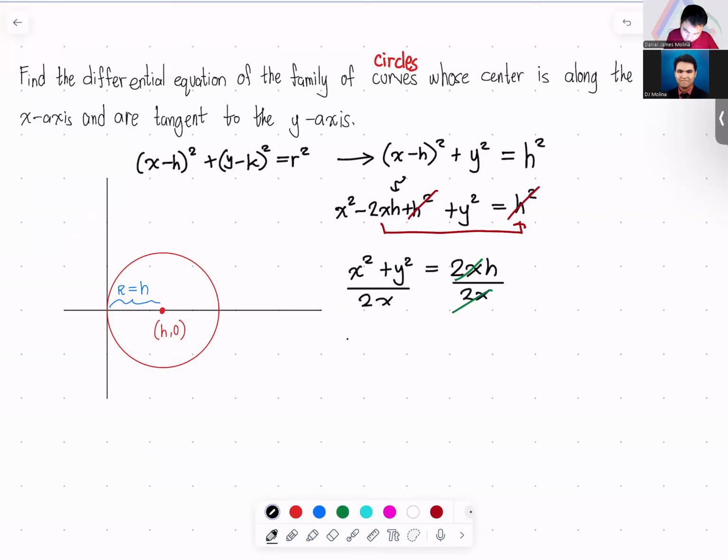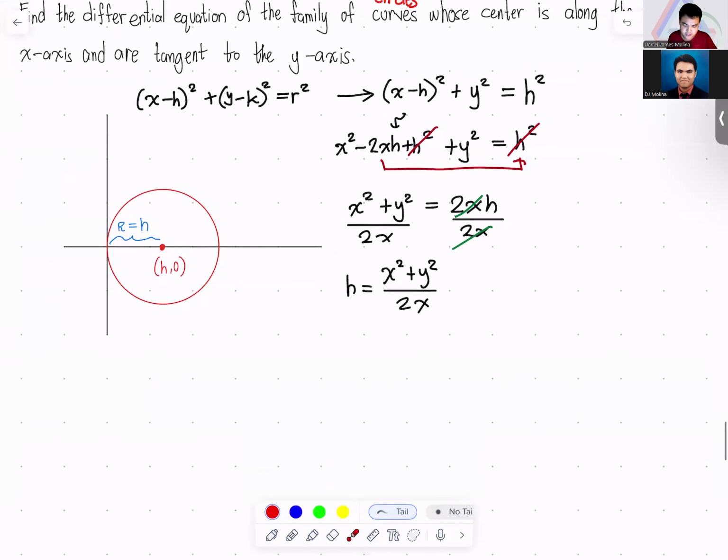We can already solve for h, and that's how we did it in the first few examples with the second method, wherein we forcefully eliminate an arbitrary constant by isolating the arbitrary constant itself. So we have (x^2 + y^2) over 2x. We already have an isolated arbitrary constant, so we can differentiate it.